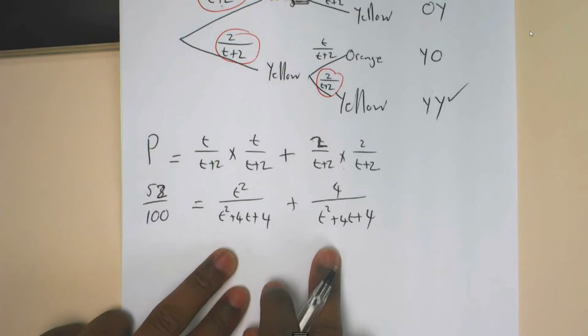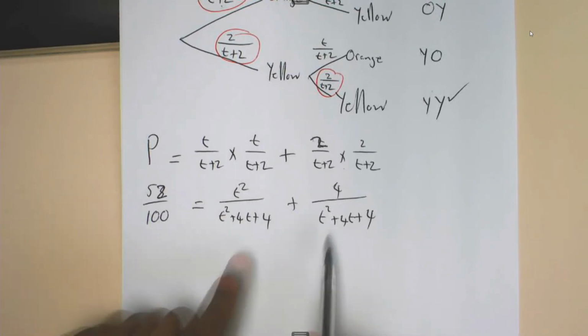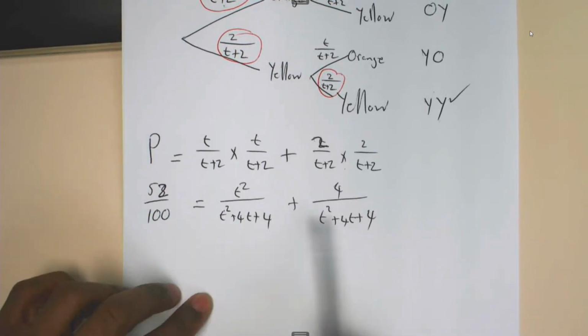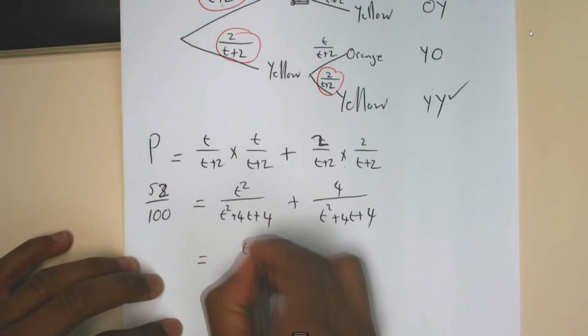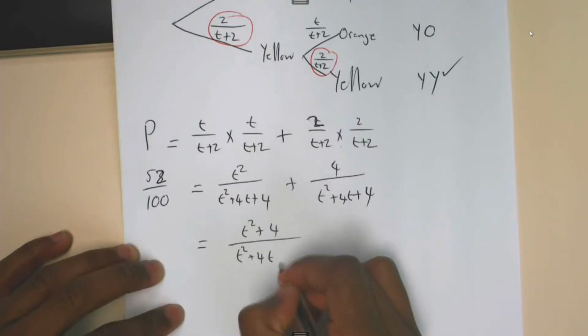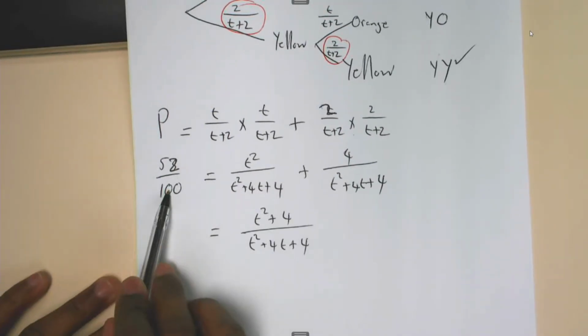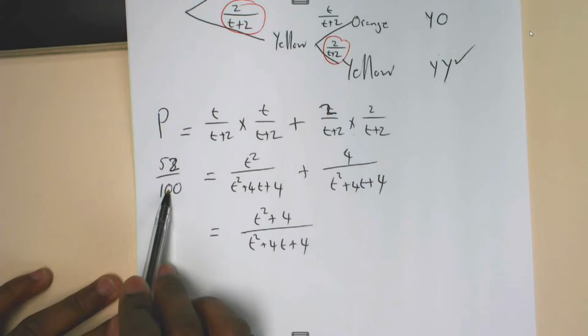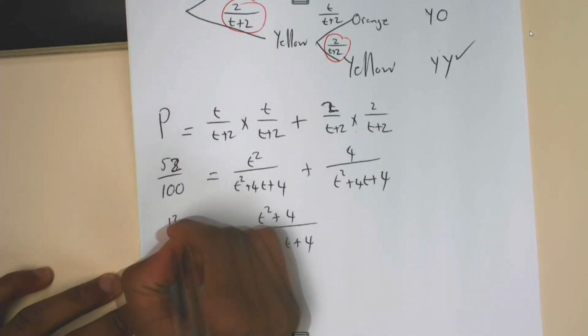We are adding two fractions with a common denominator, so we'll have t squared plus 4 over t squared plus 4t plus 4. If I simplify the fraction on the left, I'll have 13 over 25.